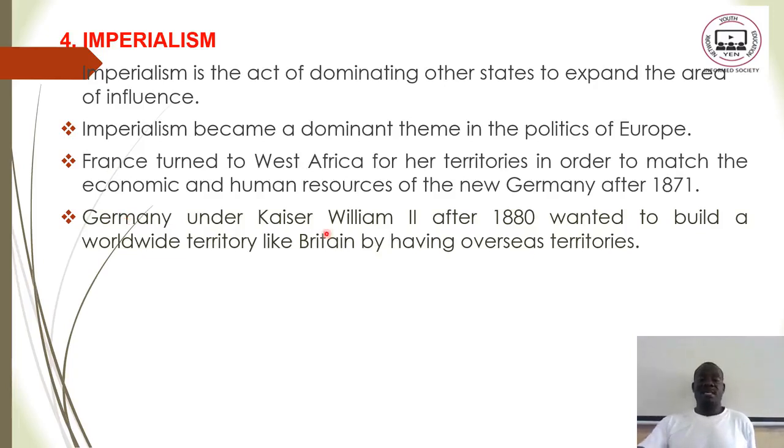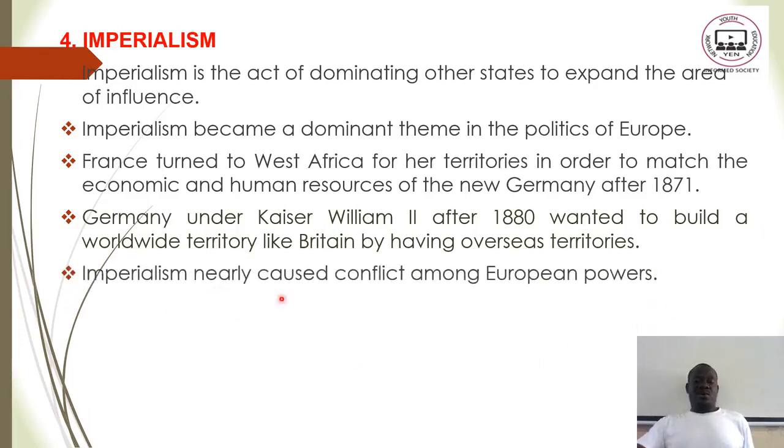Remember, we have just said that Britain was the most powerful and had many territories worldwide. So Germany was also competing with Britain, saying that if we also have territories elsewhere, just like Britain, then we will also be very powerful.